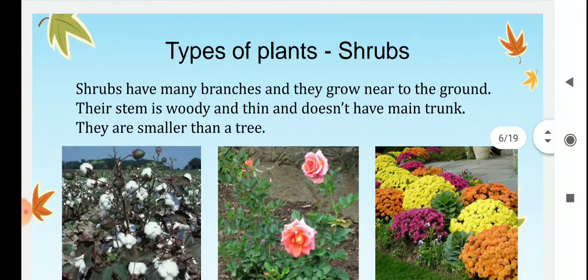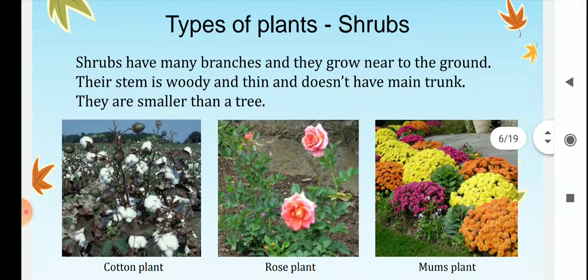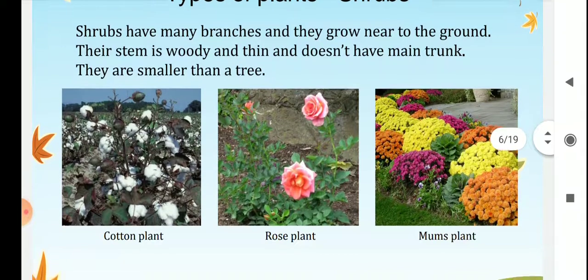The next type of plant is shrubs. A shrub is somewhat different from herbs. Shrubs have many branches because they are not too short. They have some particular height, and they grow near the ground.